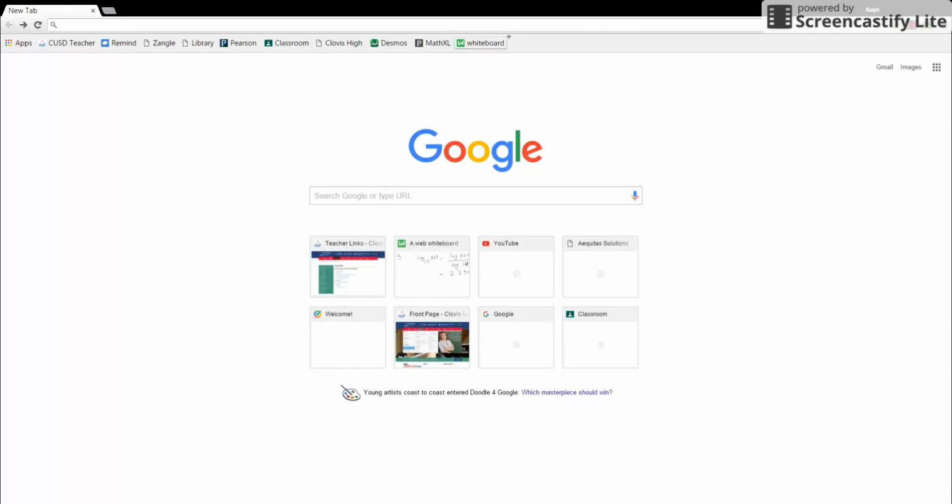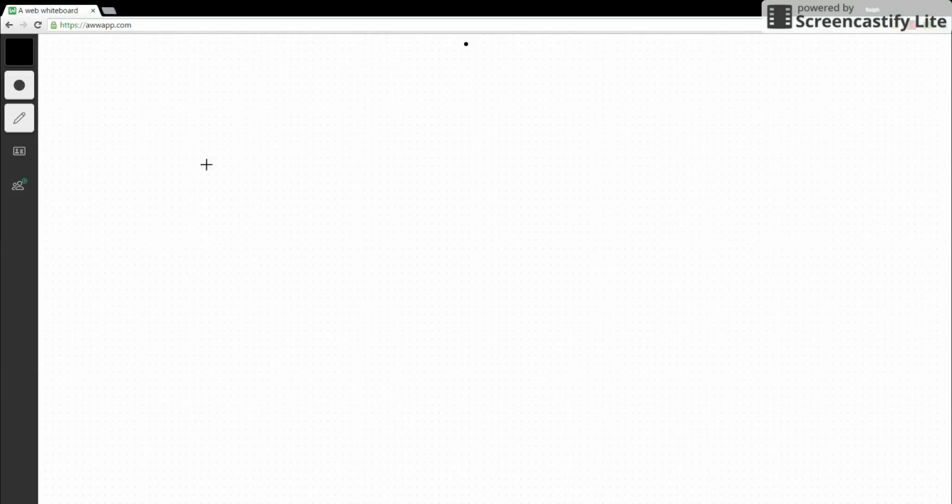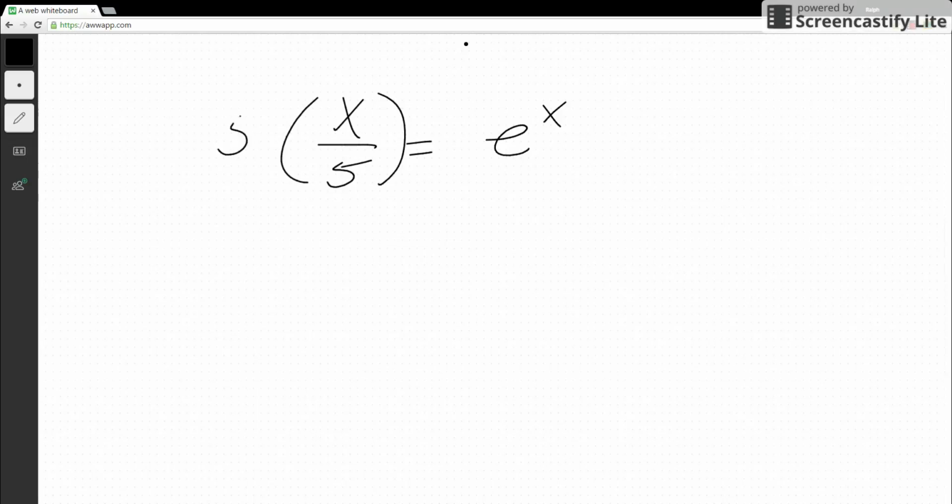Oops. Kind of where I was at. I was at like right here. All right. Multiply both sides by 5 and x equals 5.